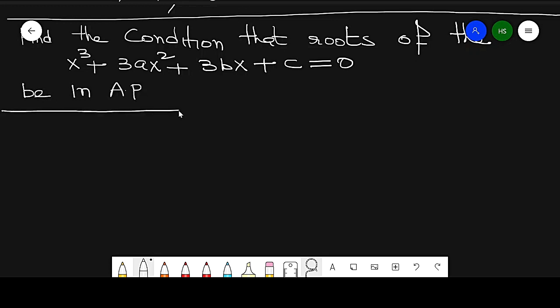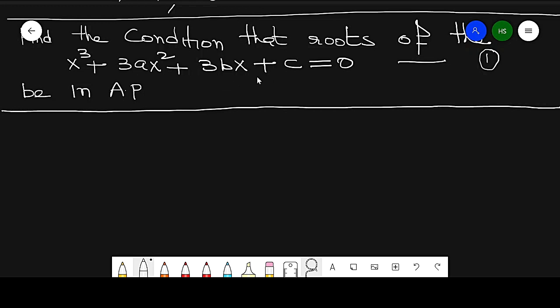My aim is to find the condition if its roots are in AP. Now in our question, if I write the given equation as equation number 1, small a, b, c are given in the equation. So we will take a capital A and capital D.